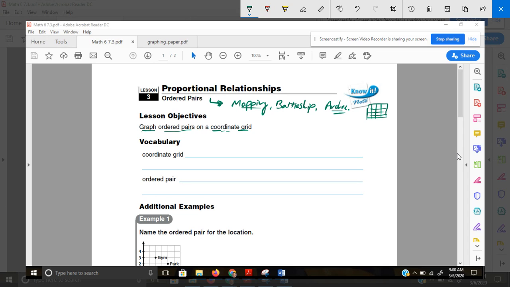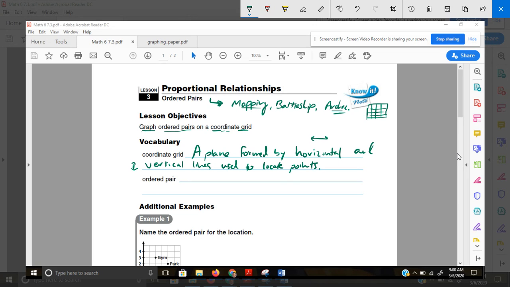Starting off with our vocabulary, a coordinate grid is just a plane formed by horizontal lines, horizontal being left to right, and vertical lines, vertical being up and down, used to locate points.